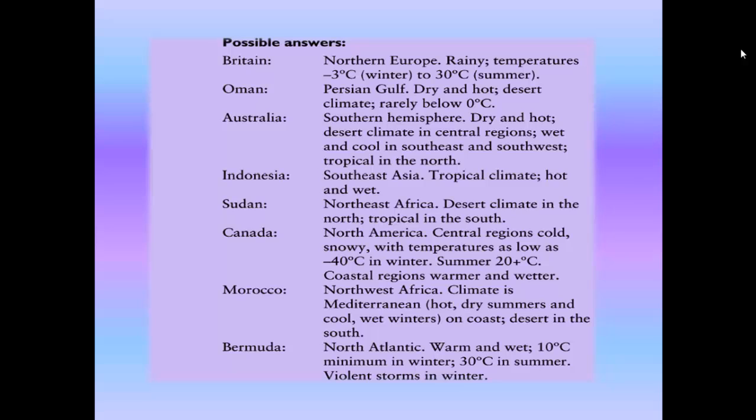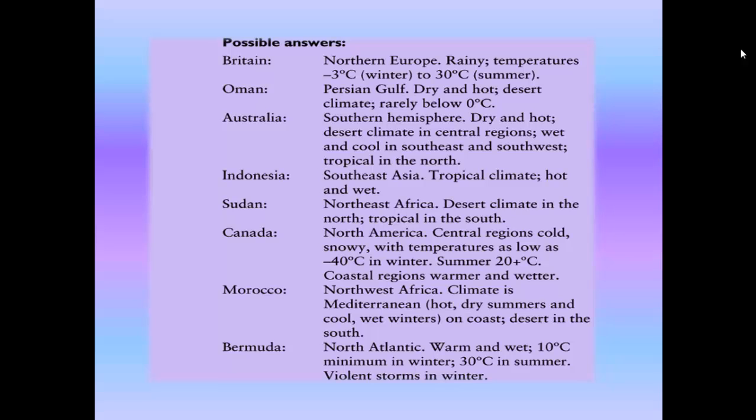Sudan is in the northeast of Africa, and it has a desert climate in the north, tropical climate in the south. What about Canada? Canada is located in North America.